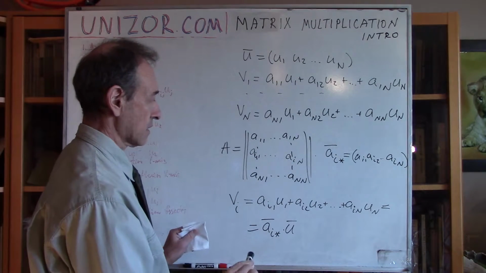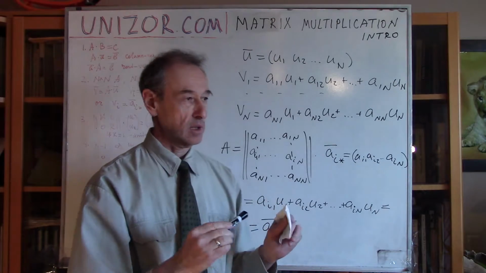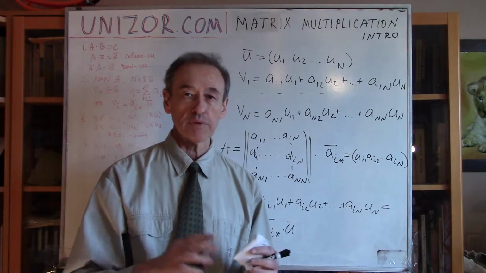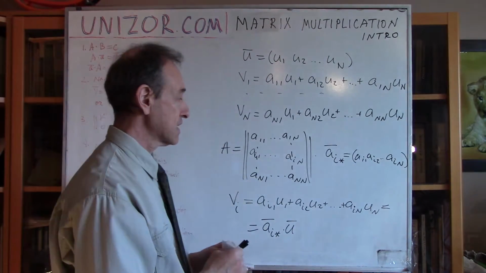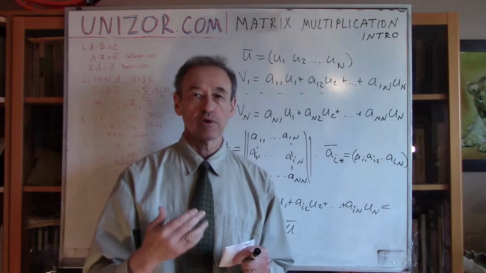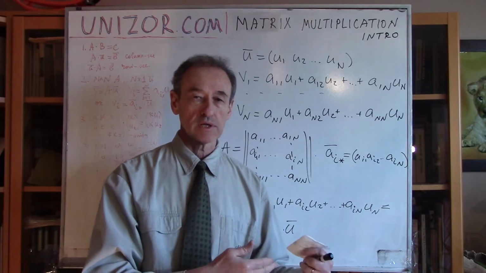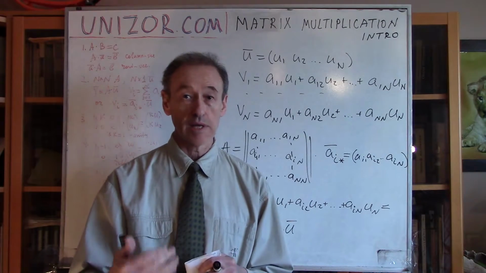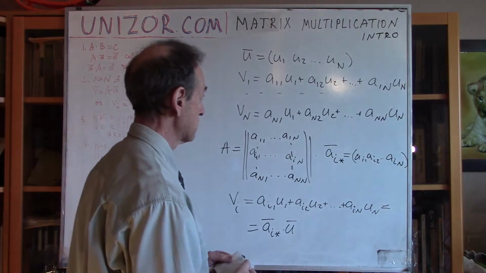What I will do next, I will explain a couple of simple cases of this particular transformation, and it would be clearer to understand how a matrix really represents a transformation of the vector space.